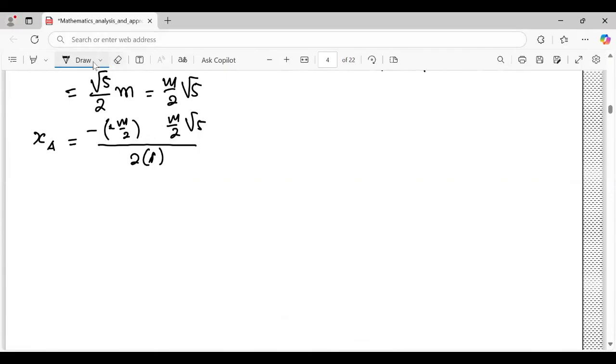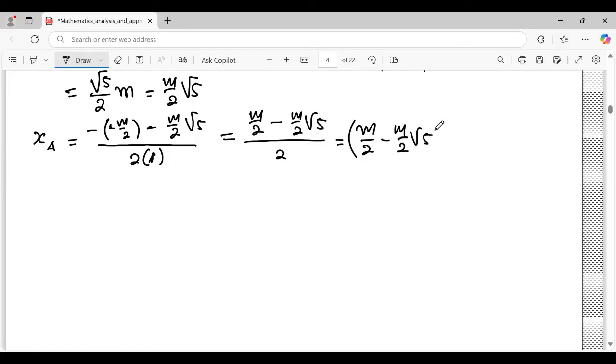Okay, so it becomes m half minus m half square root 5 over 2, or m half minus m half square root 5 times 1 over 2.